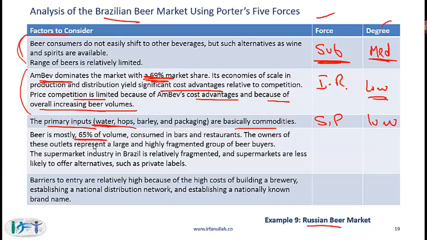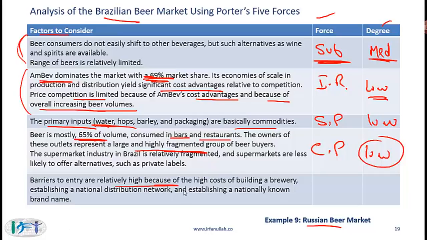Next point is that most of the product is sold in these retail outlets, bars, restaurants, etc. And the owners represent a large and highly fragmented group. Whenever you see this highly fragmented, what does this say about customer power? When your customer base is fragmented, that means the power is low.